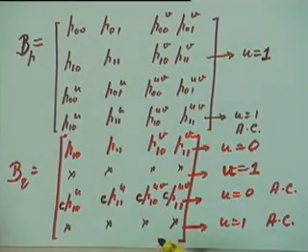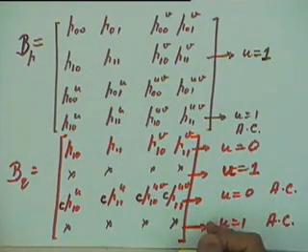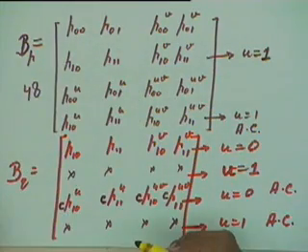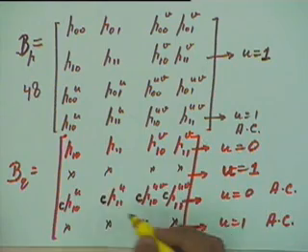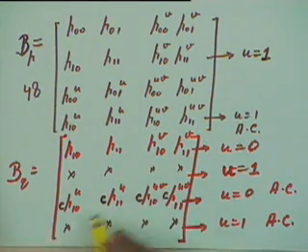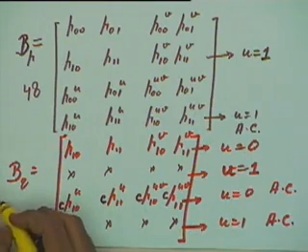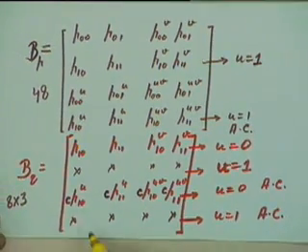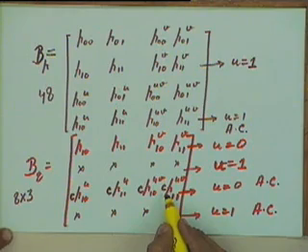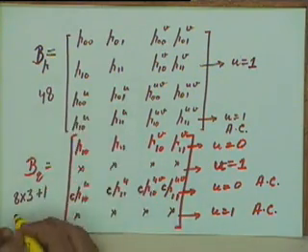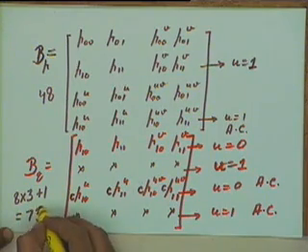The number of degrees of freedom for these 2 surfaces put together: the first surface has 48. For the second surface, we can input 8 vectors, that is 8 into 3, plus this constant. So 48 plus this will give us 73 degrees of freedom.